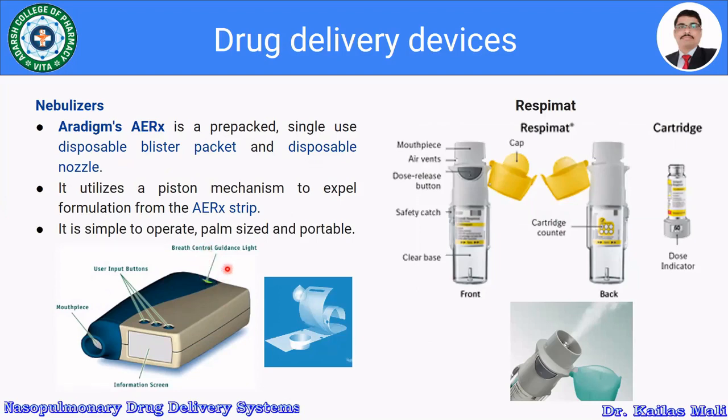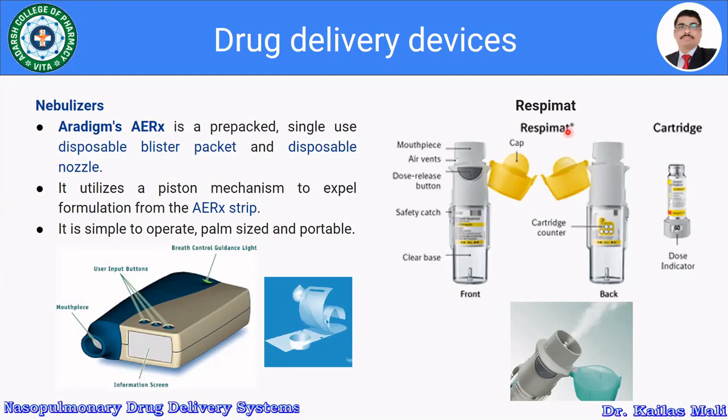It utilizes a piston mechanism to expel the formulation from the ERX strip. So this is the ERX strip, and here we place the formulation. This is the whole strip. It is simple to operate, palm sized and portable. So this is about the Aradigum's ERX nebulizer.